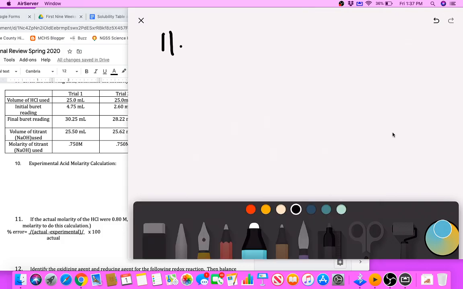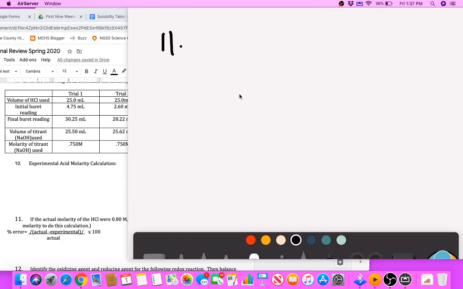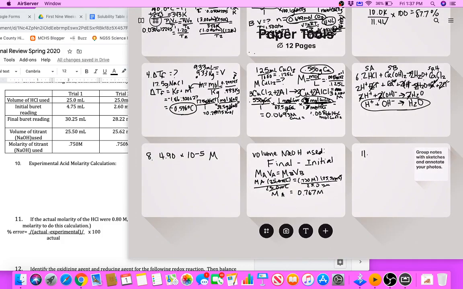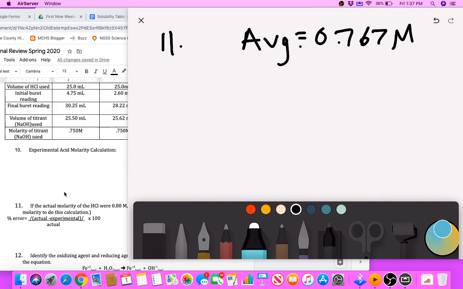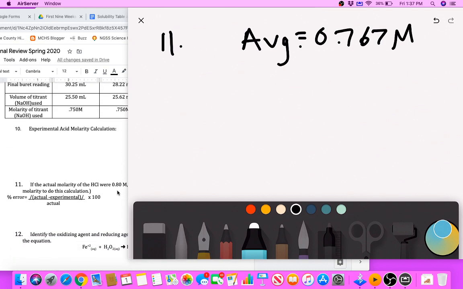Our average molarity that we calculated was 0.767 molar. All right, so we're going to have to use this equation. The actual molarity is 0.80 molar, it tells us here. So in our equation, that 0.80 is our actual. That's where you put where it says actual.